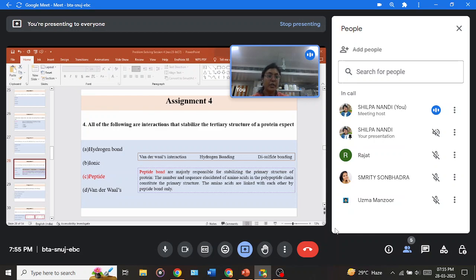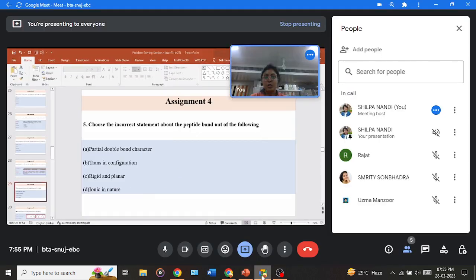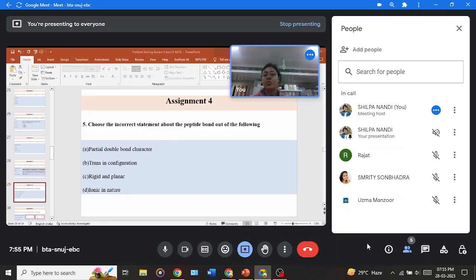Okay, fine. We will move on to the next question, question number 5. We have to choose the incorrect statement about the peptide bond out of the following. We have been given four statements, or characteristics, of the peptide bond.